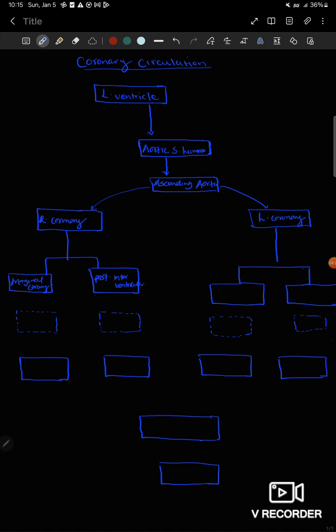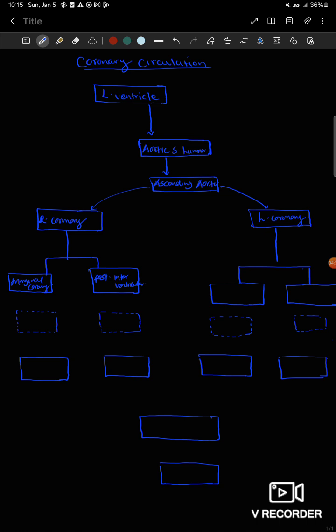The marginal coronary artery supplies blood to the right marginal side of the heart, and the posterior interventricular supplies the heart muscle, the myocardium, on the posterior side of the heart.